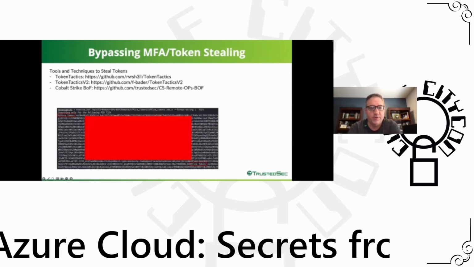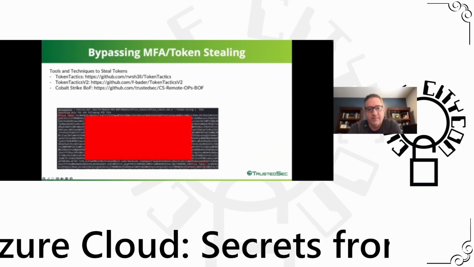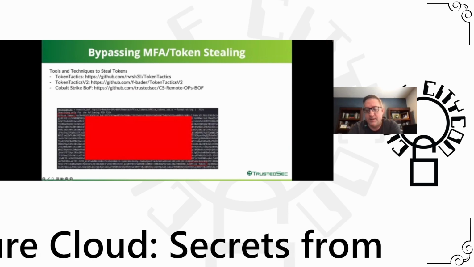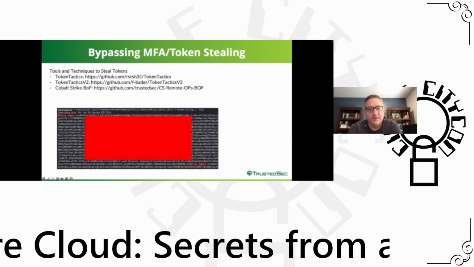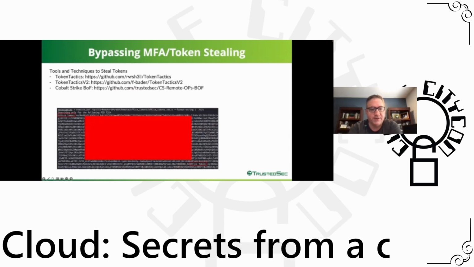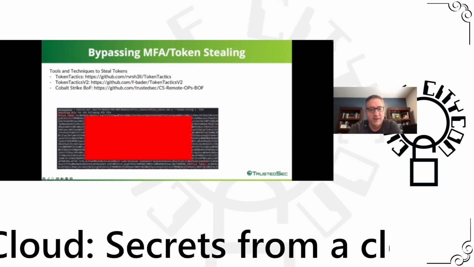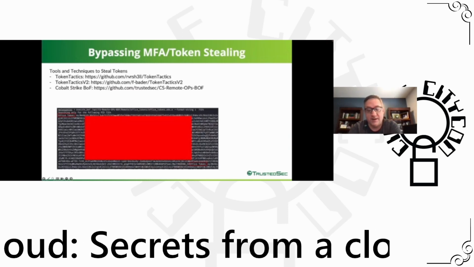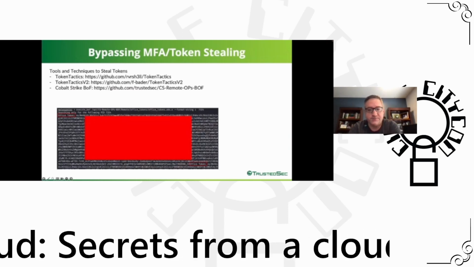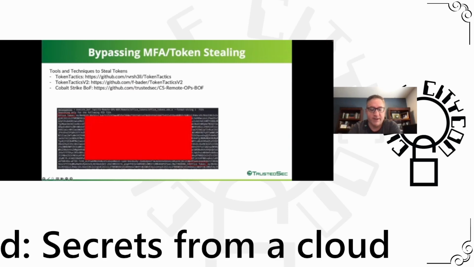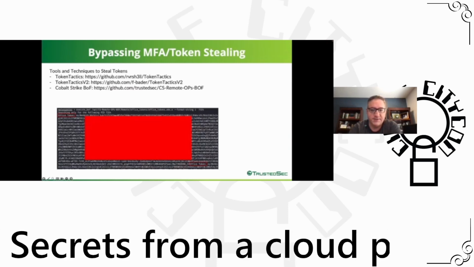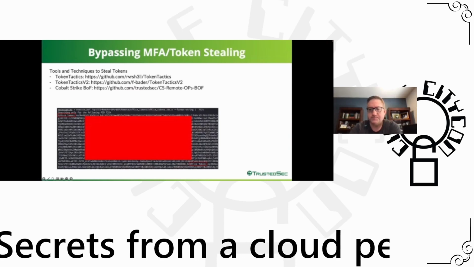TrustedSec has a remote Beacon Object File GitHub repository that does remote token extraction too. So here I'm just executing that BOF using a Meterpreter session, and I'm pointing it back to a PID that is running Microsoft Outlook, and that will return a bunch of tokens back to you for use.